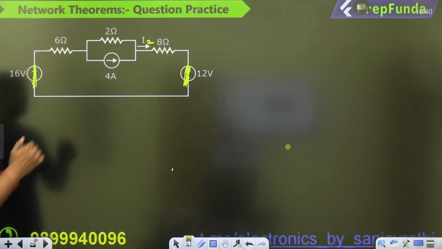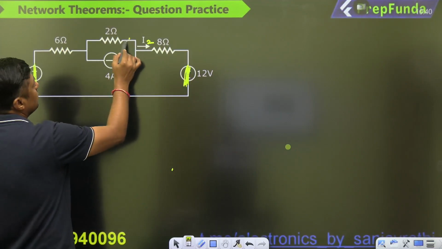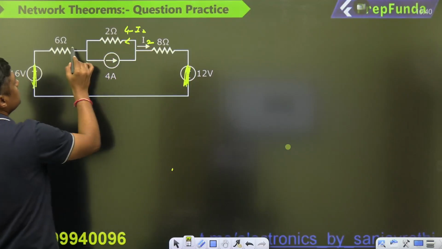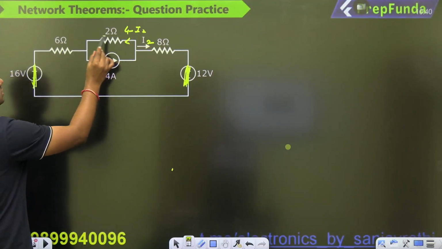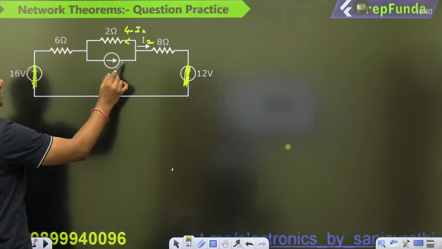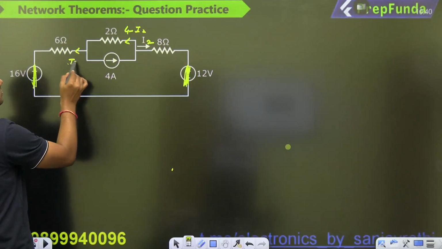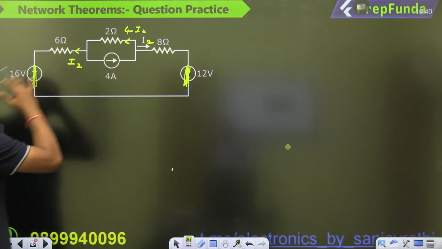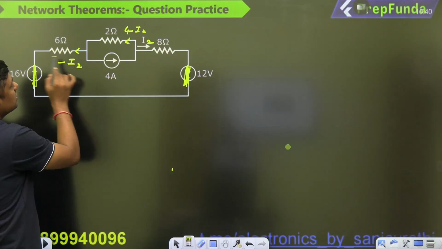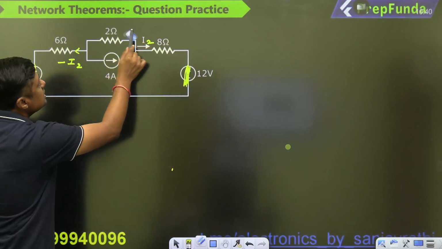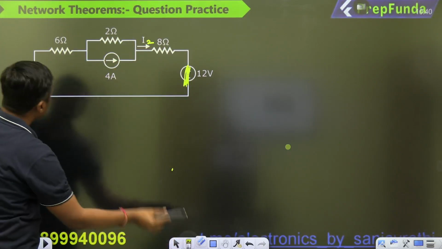I am giving you the hint. This is the 4 ampere. This becomes 4 minus I2 from this loop. The 4 is going here, and that's why it will become minus I2 in this loop, in the opposite direction. So what is this current? Or you can say this is I2.